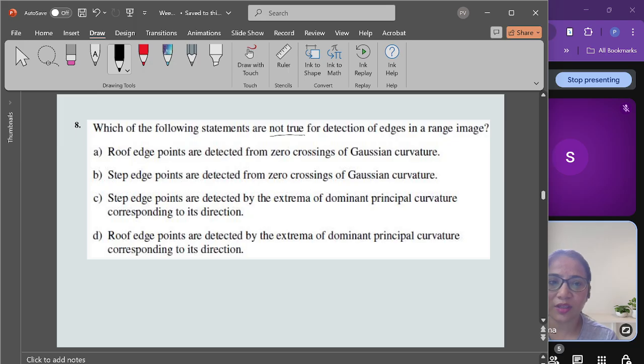So can you see and give me the answer, which option is not a correct one? That is, roof edge points are detected from zero crossing of the Gaussian curvature, or vice versa, step edge points are detected from the zero crossing. And similarly for these two. So okay, let's see the detailed solution for that one, otherwise we are not able to complete our questions.